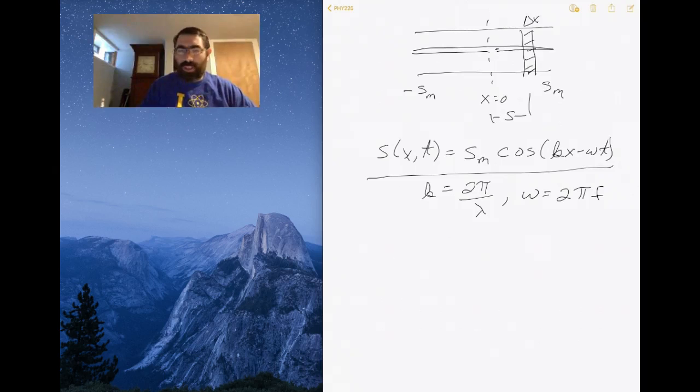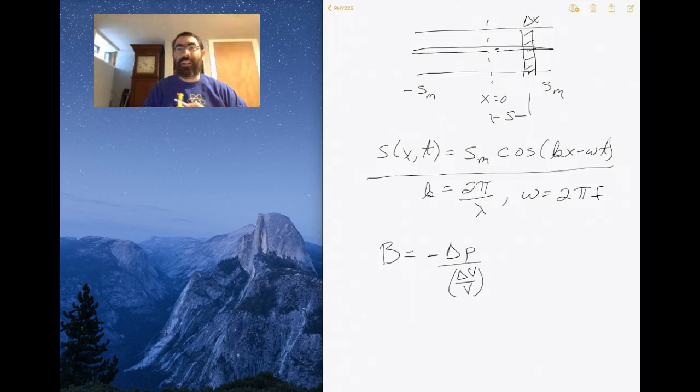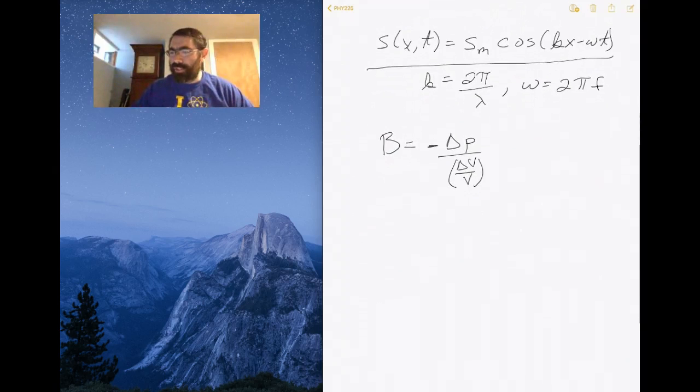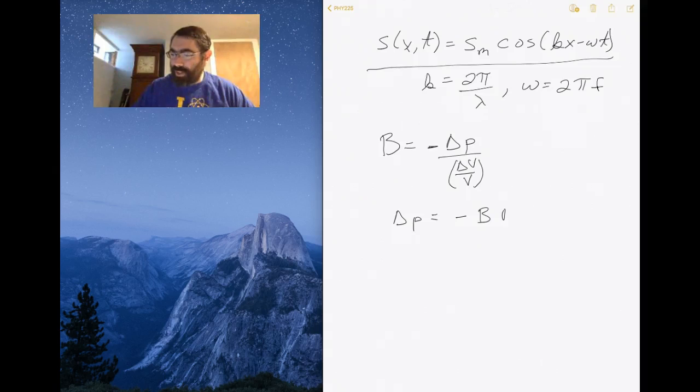So what I'm going to start with is the definition of the bulk modulus, B, which is just the change in the pressure over the change in the volume over the total volume. And then there's a minus sign in there. So one way to start this is to say, well, let's rewrite this as the change in the pressure in our wave is minus the bulk modulus times the change in the volume over the total volume.